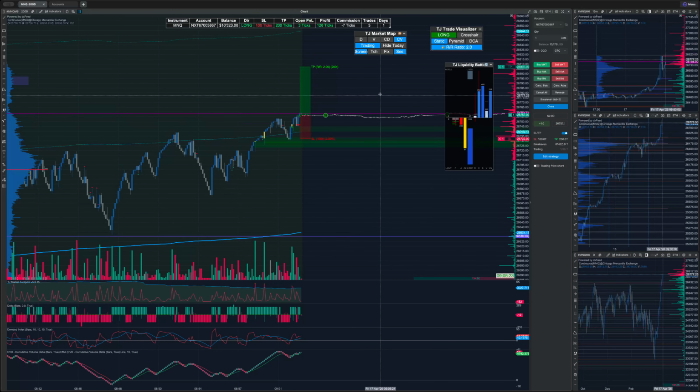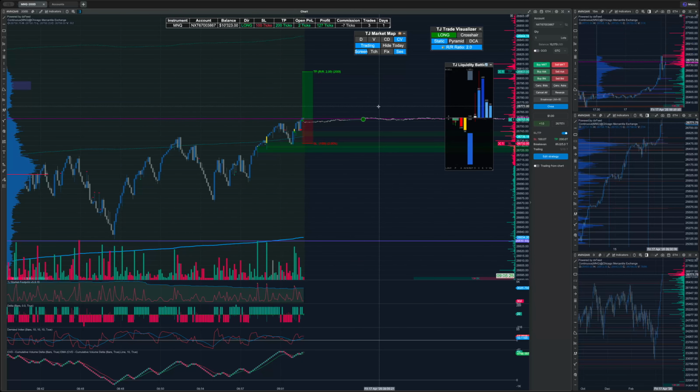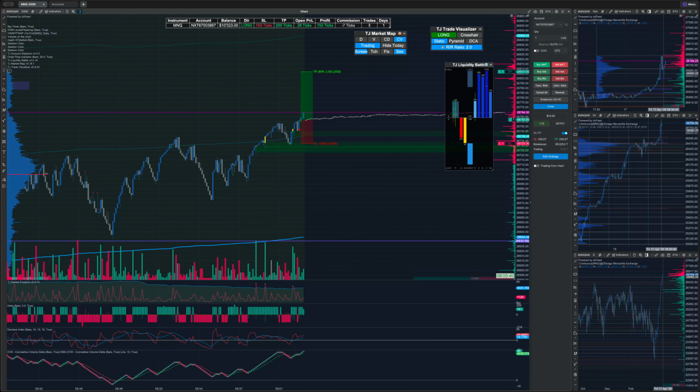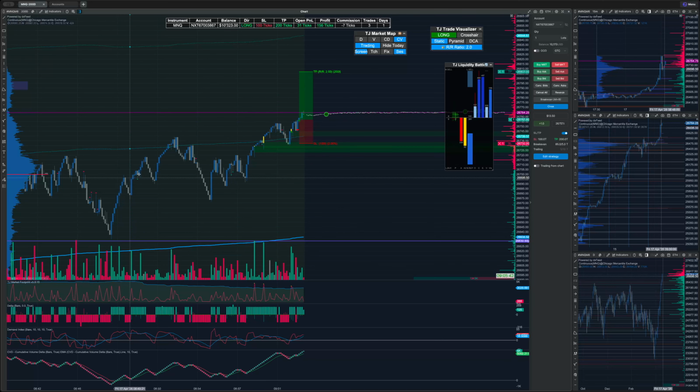Might have filled. Not the wrong decision, but I'm going to stay in the market now. Yes, the market moves out and moves up and moves up. That is awesome, and we like that.